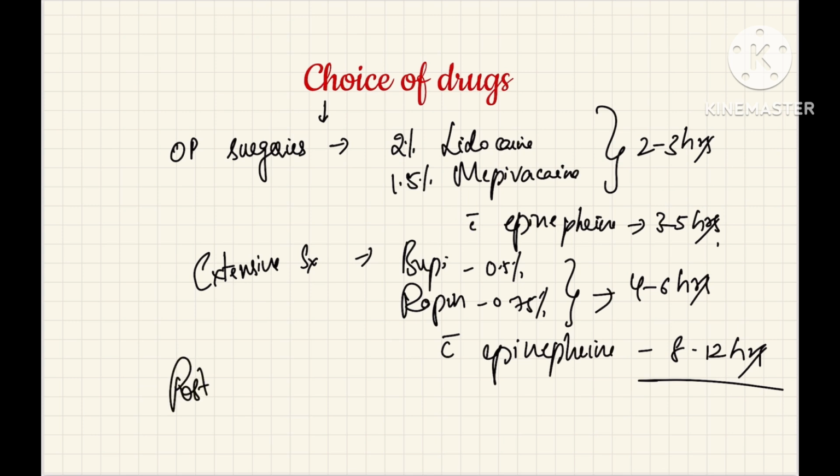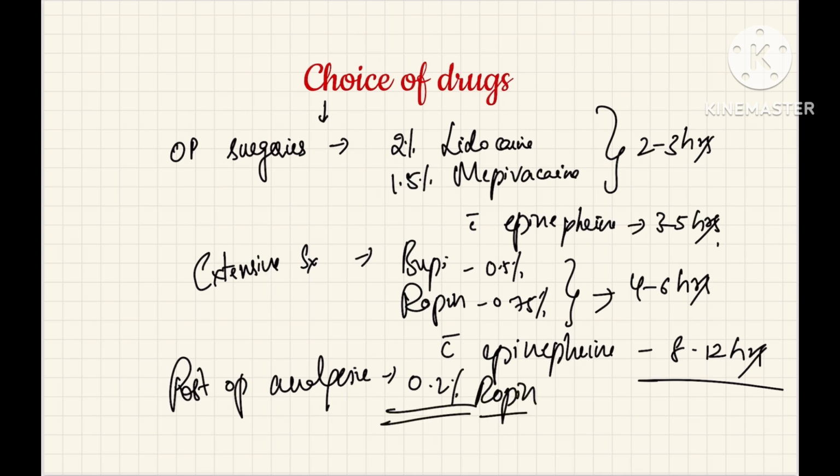If we are giving for postoperative analgesia, then a lower concentration of drugs is sufficient, like 0.2% ropivacaine. And how many ml of drug are we supposed to take? For this approach, 10 to 30 ml of local anesthetic can be given.